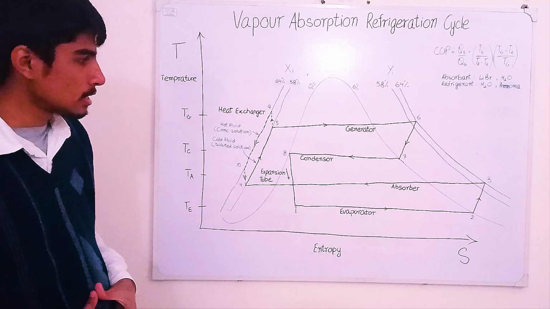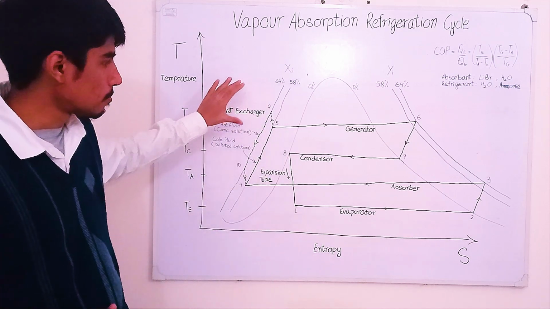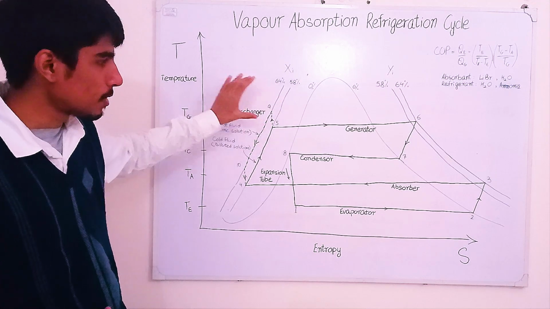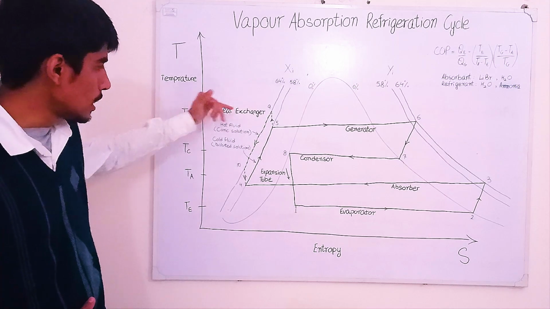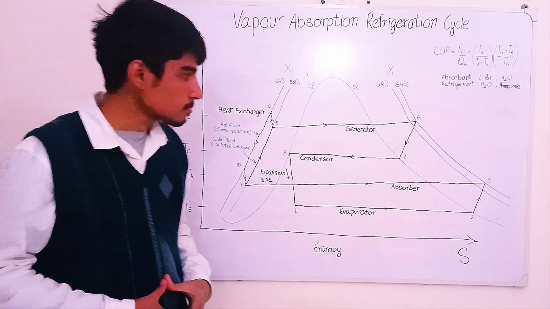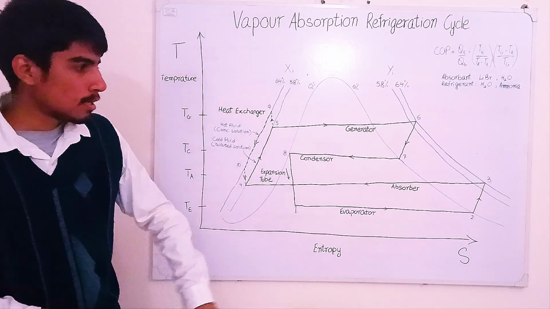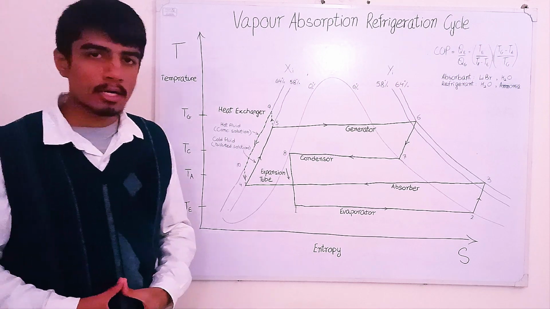In both these places, heat rejection is taking place and these places are out of the saturated region. So we observe that a decrease in temperature is taking place. I hope this concept about the refrigeration cycle is quite clear now.